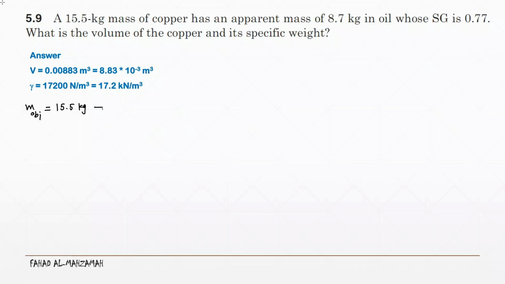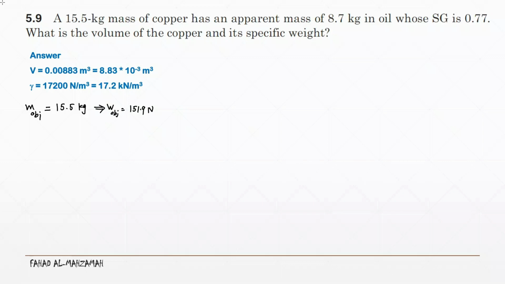It's not the mass we need to find, but let me at least follow the procedure. Sorry, not buoyancy. So the weight of the object is equal to 15.5 kilogram multiplied by 9.8, which is mg. So the answer will be 151.9 Newton. Let's continue the question.